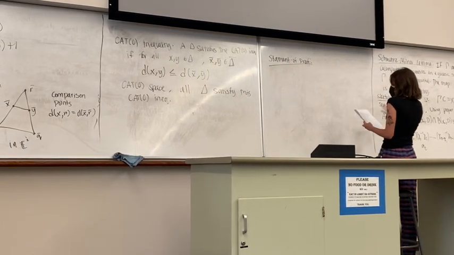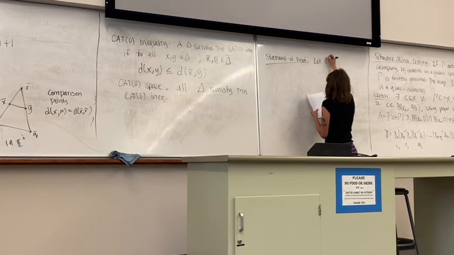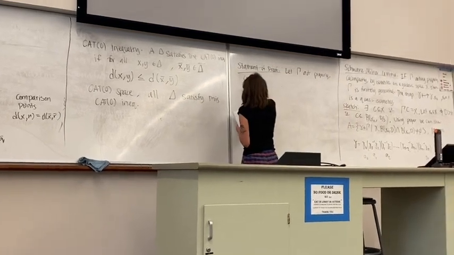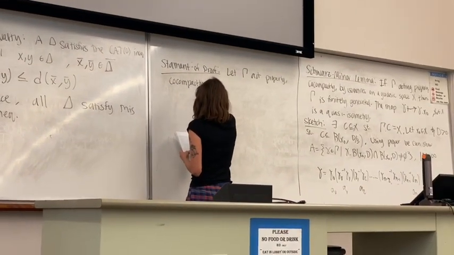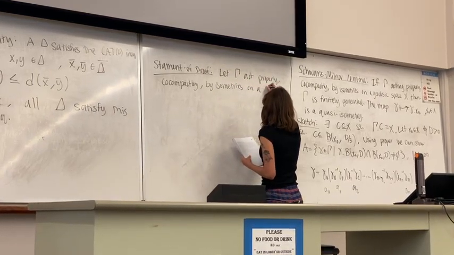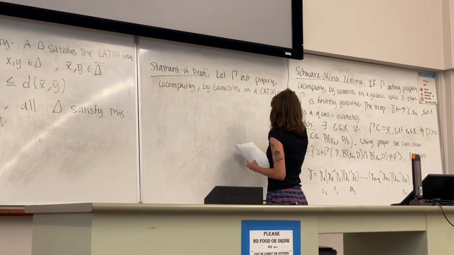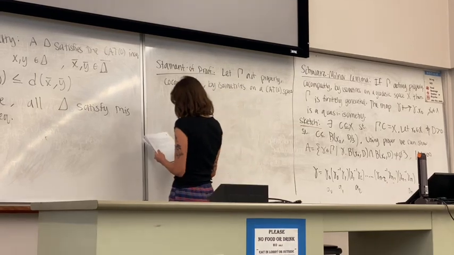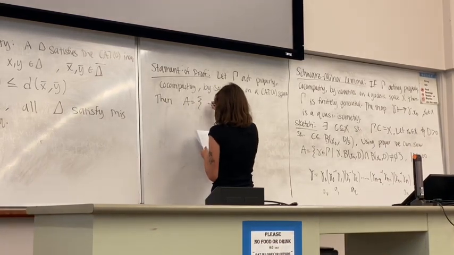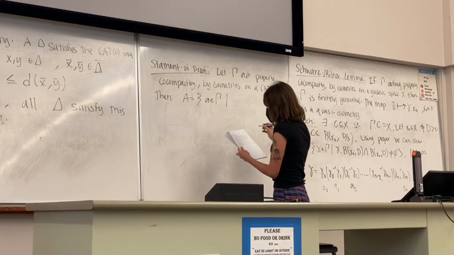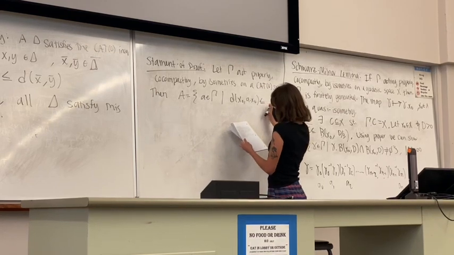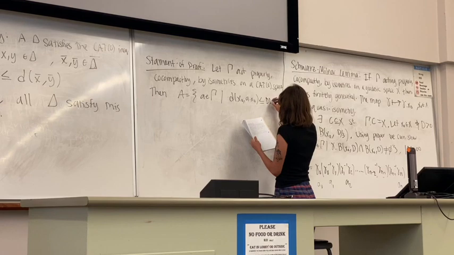So this goes something like, if we let gamma act again properly, co-compactly, by isometries on a CAT(0) space, then the set A equal to all elements of gamma which take x naught strictly less than or equal to d plus 1 away.